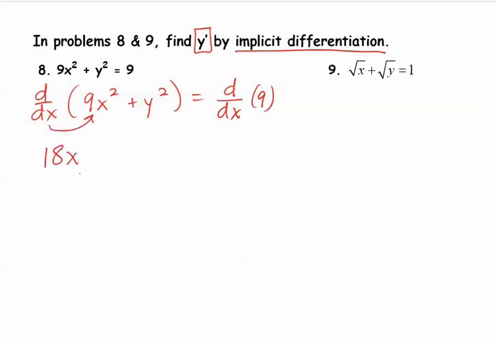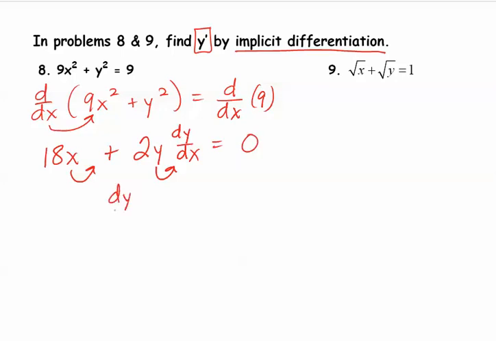So we'd have 18x. Should we do a chain rule, it would be on the x variable when we're differentiating with respect to x. Not needed. But on the next term, you have to remember that y represents a function of x. So we do need a chain rule here. So dy dx and a derivative of a constant.